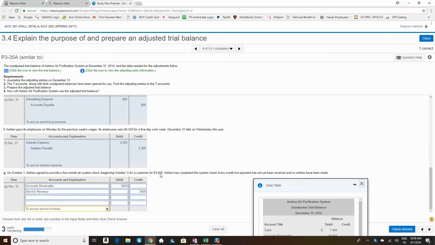That's why it's important to pay real close attention. October through December 31st, all of October, November, and December, that's only 3 months. So really, we shouldn't be using the full 4-month figure. We should only be calculating 3 months worth.